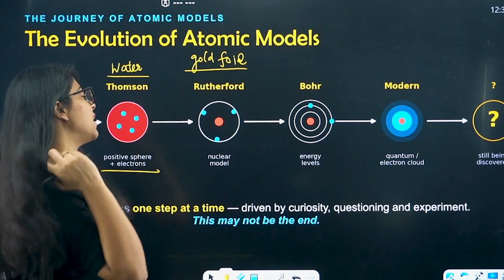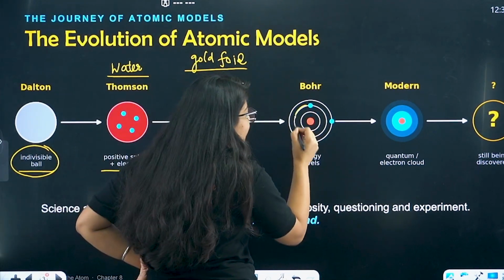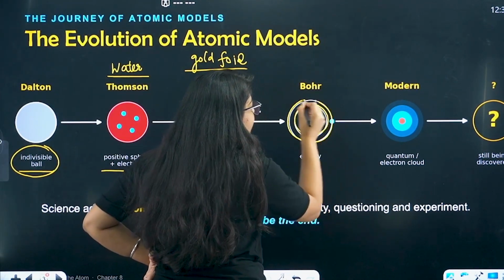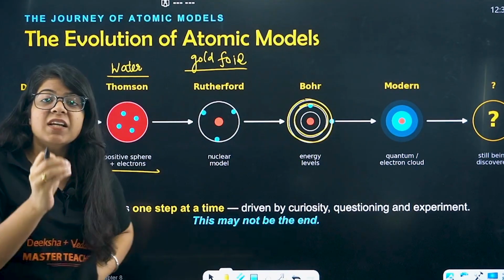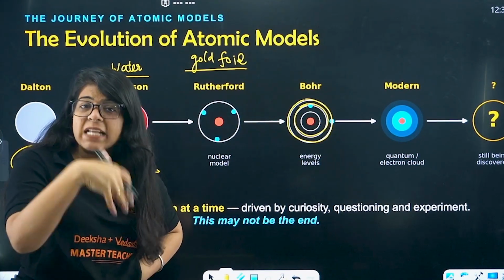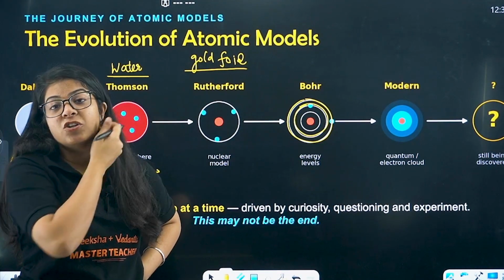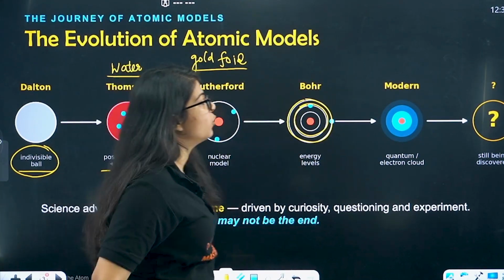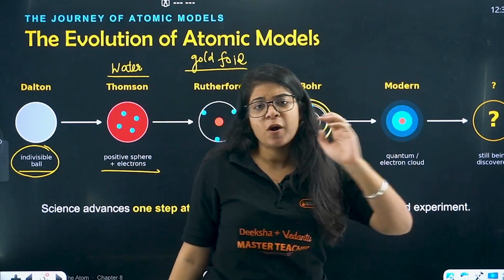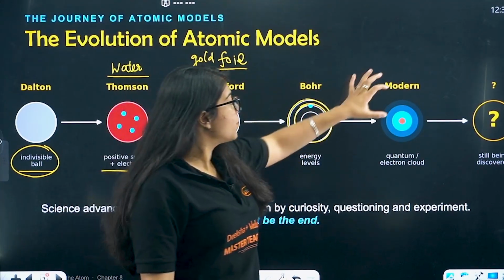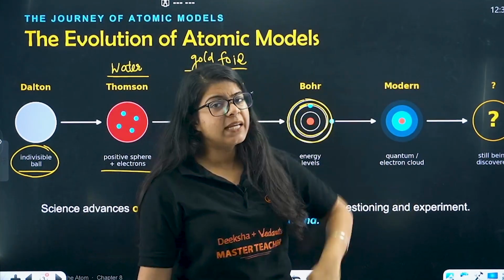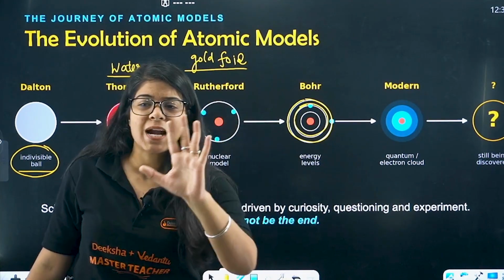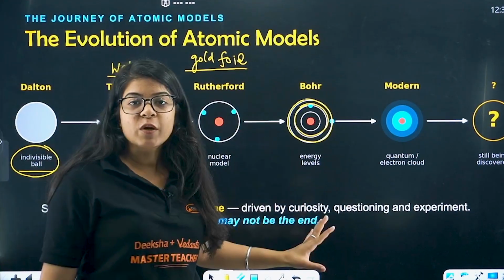So Bohr ji said they are revolving in fixed orbits with specific energy. These are called orbits, shells, or energy levels, and they cannot change these orbits, and hence they cannot collapse into the nucleus. After that we studied limitations. Then a modern theory also came, which you will study in +1. Until now, this is what you have to study.